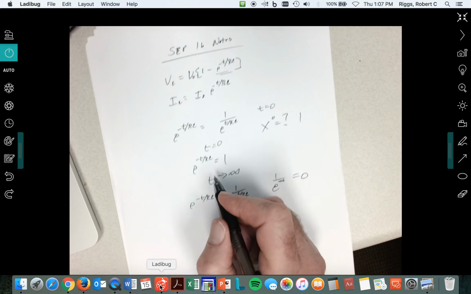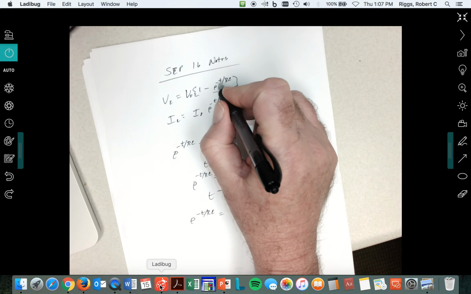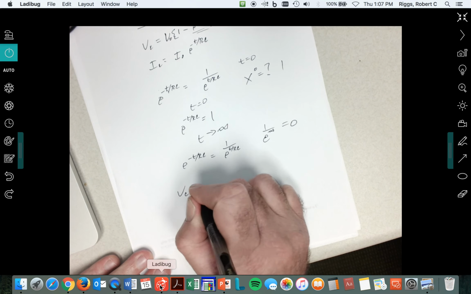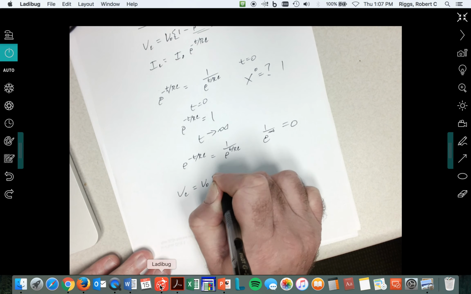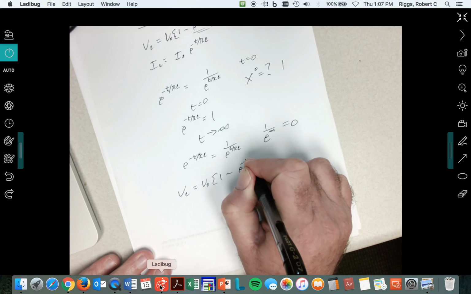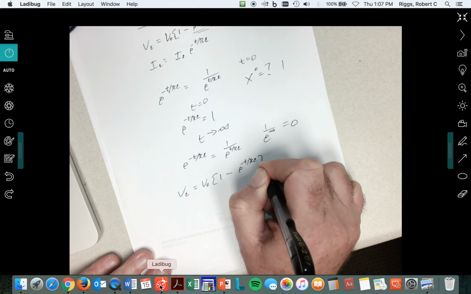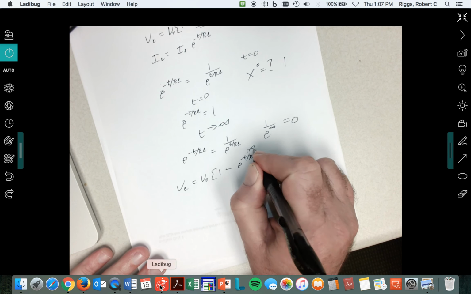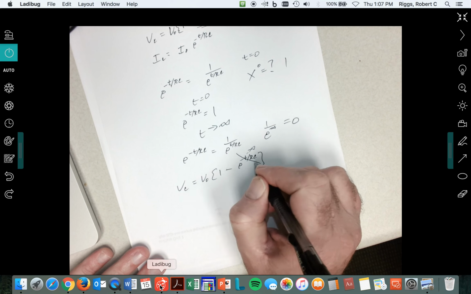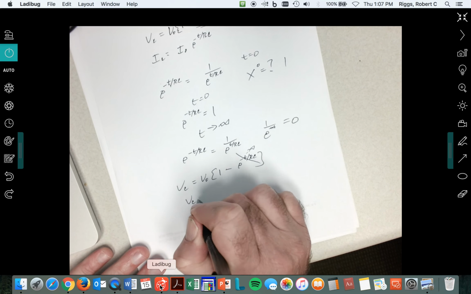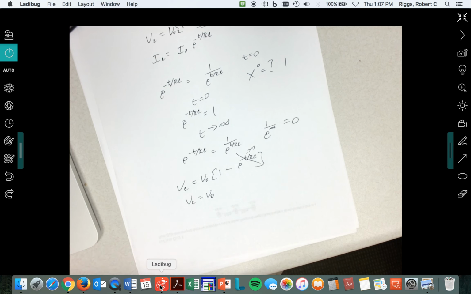So as t gets bigger, let's look at the charging term here, V naught times 1 minus e to the minus t over the time constant RC. As this goes to infinity, this becomes 0, and then V_C will equal V naught. More on the math on the next slide.